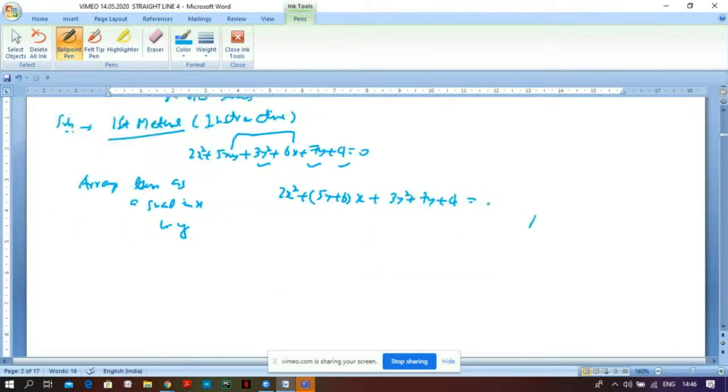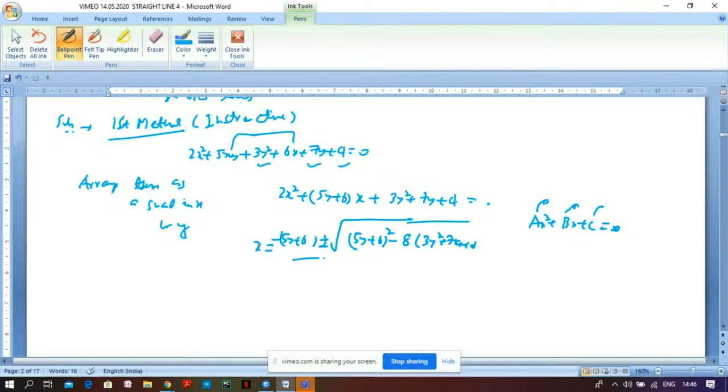Now it's like ax squared plus bx plus c is 0, where of course the coefficients a, b, c are not numbers; they may depend on y. That's not a problem. Still, I can write x as negative b plus or minus the square root of b squared, so 5y plus 6 whole squared, minus 4ac, that's 8 times 3y squared plus 7y plus 4, over 2 times 2.